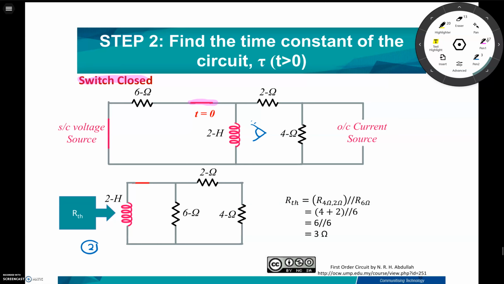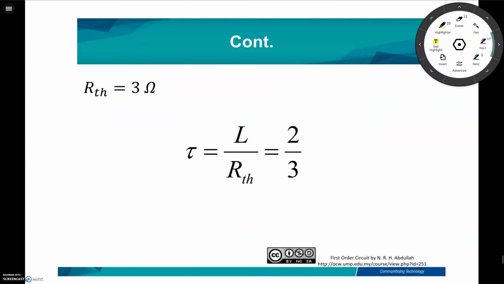From the circuit, you can see that the 2 ohm is in series with the 4 ohm, and then it should be parallel with the 6 ohm. So here is R series with 2 and then parallel with 6 ohm, and the answer of the R Thevenin is 3 ohm. Now you substitute the R Thevenin equal to 3 ohm into the tau equation, which is tau equal to L over R Thevenin, which is equal to 2 over 3 seconds.